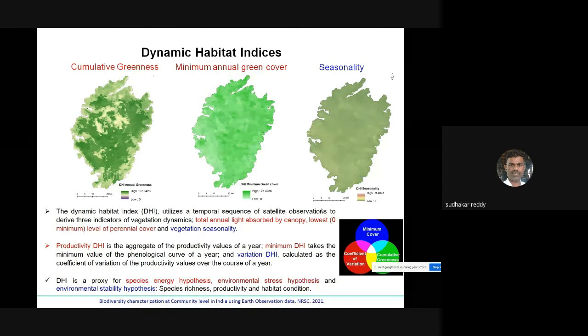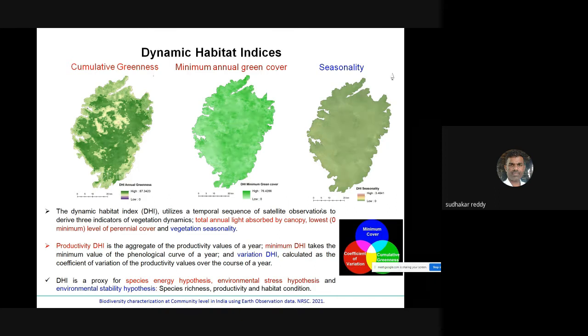The researchers have utilized these dynamic habitat indices in addressing species richness. For example, areas which have high cumulative greenness, like the shola forest or evergreen rainforest, generally have a high amount of green material throughout the year. So this is a proxy in identifying high species richness areas.